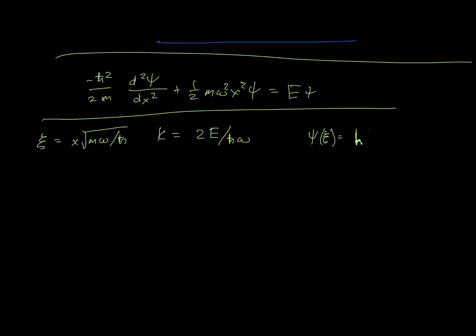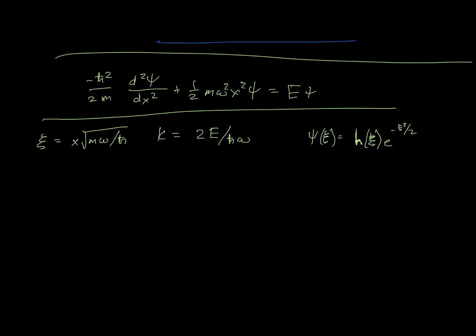And h of xi, oh my gosh, so bad at drawing that, times e to the minus xi squared over 2. Okay. There we go. And then we're looking for a specific form, but let's just see if we can work through a couple of things to simplify this.